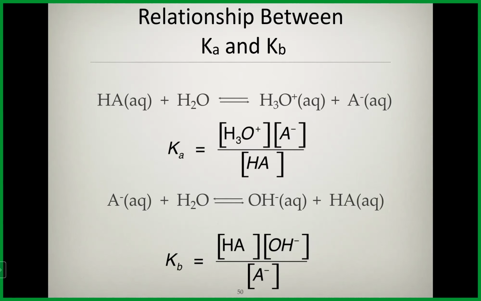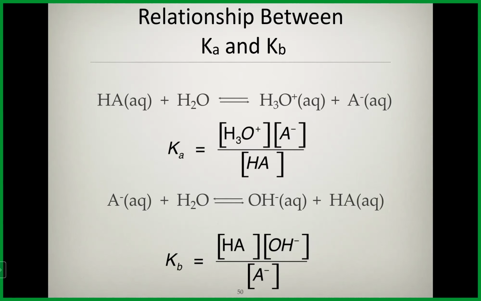When we write those reactions with water, we can see the Ka expression at the top and the Kb expression at the bottom. The reason HA is considered an acid is because when we mix it with water, it's donating that hydrogen. That's why we wind up with H3O plus and A minus on the right-hand side.